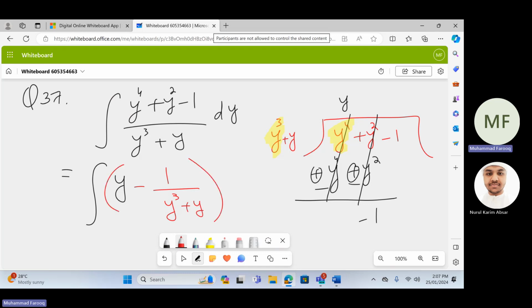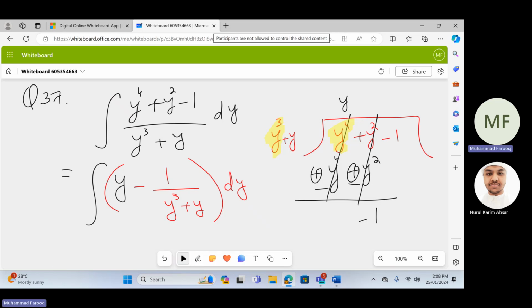And of course, we need its integration. So please, if the fraction is not proper, meaning the top degree is not less than the bottom, you have to make it proper by using long division, and then write the long division answer. Answer means quotient plus remainder divided by divisor. Okay.